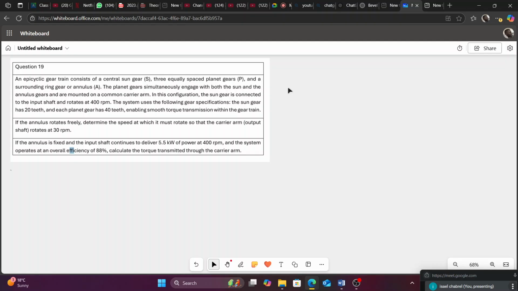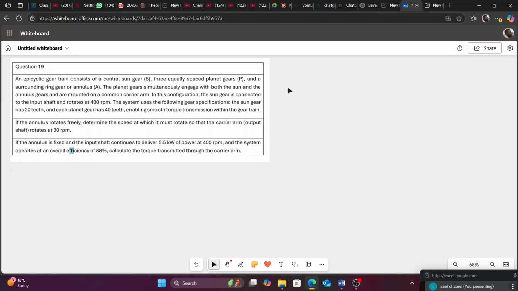Okay? Now, they said in this configuration, the sun gear is connected to the input shaft and rotates at 400 RPM. The system uses the following gear specification. The sun gear has 20 teeth and each planet gear has 40 teeth, enabling smooth torque transmission within the gear train.